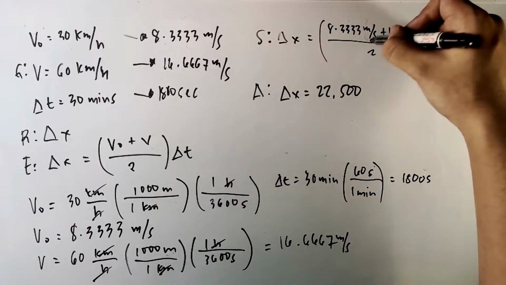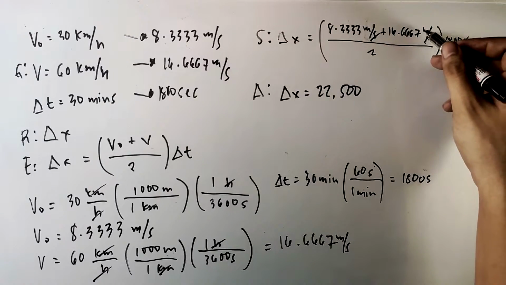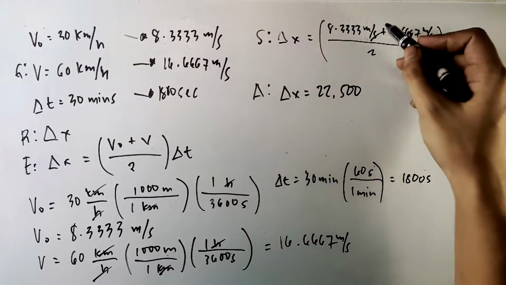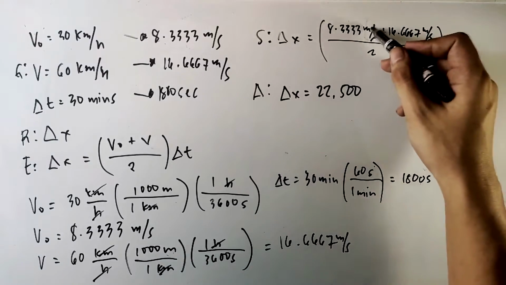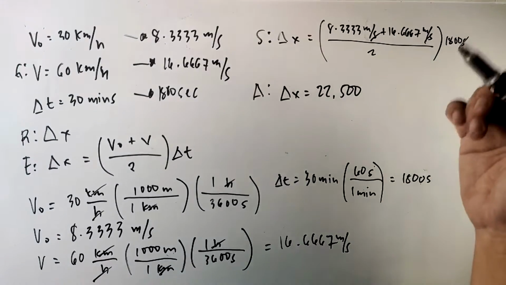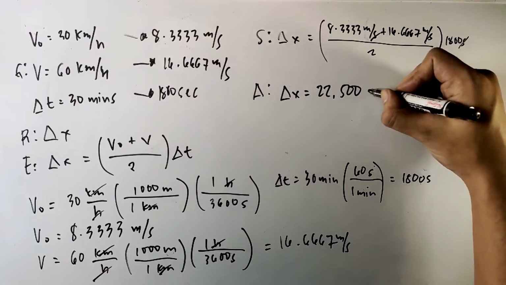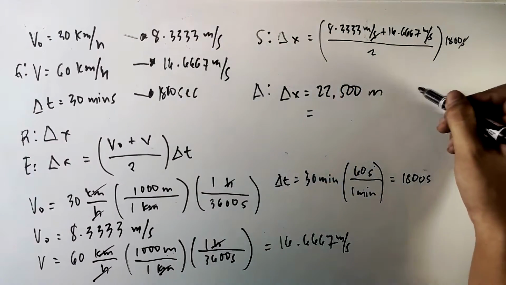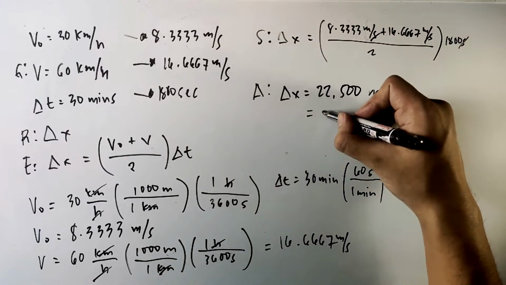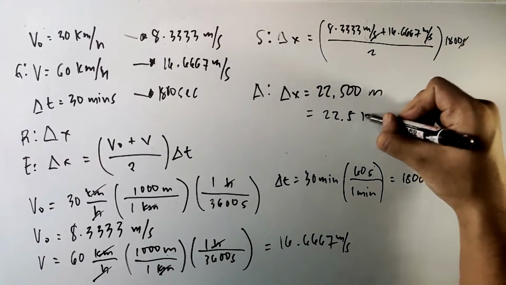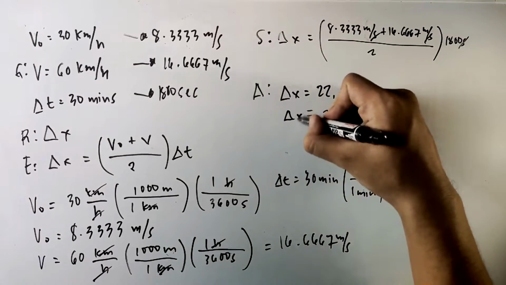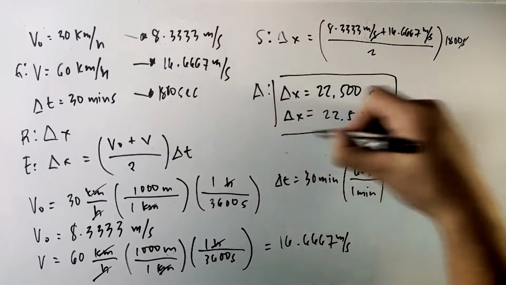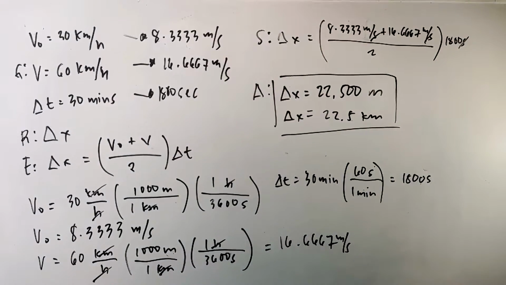So you're going to have meters. If the operation is addition, of course the unit will remain the same as long as they're the same. So this is meters. Or you can change that into kilometers by moving 3 decimal places, so that's 22.5 kilometers. Both of these are correct. So that's it.